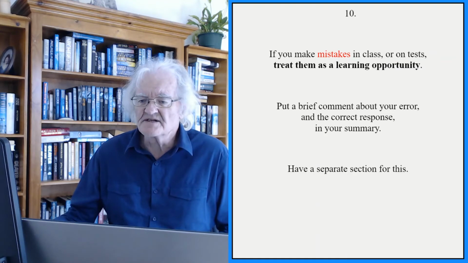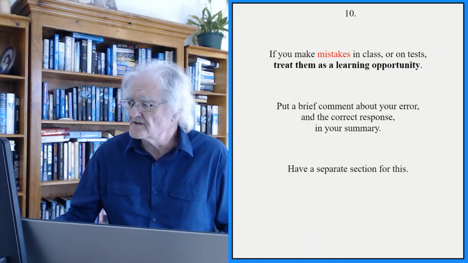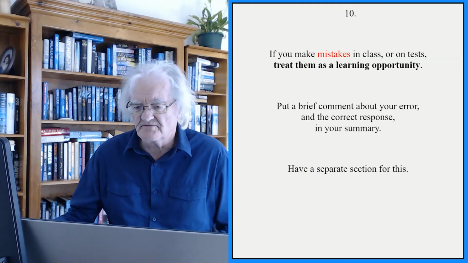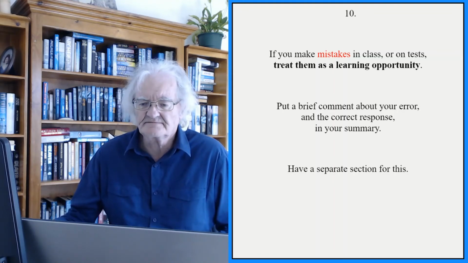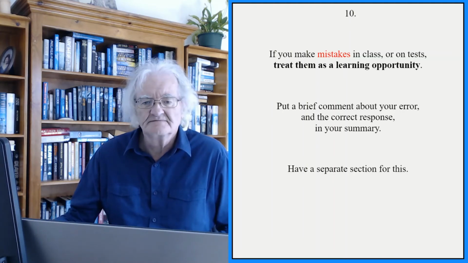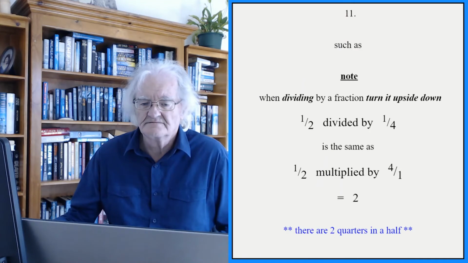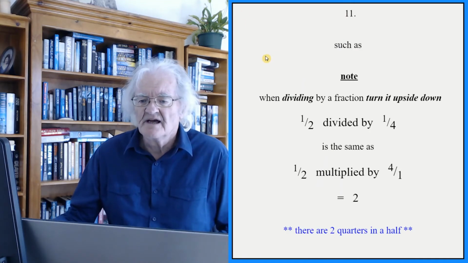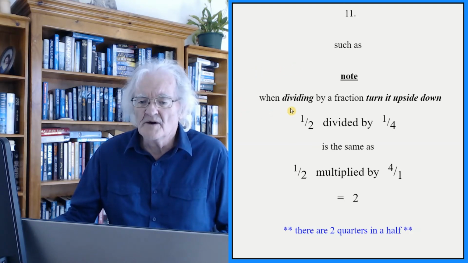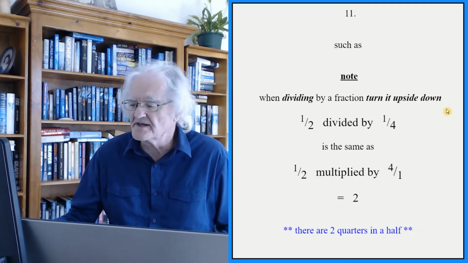If you make mistakes in class or on tests, treat them as a learning opportunity. Put a brief comment about your error and what the correct response should have been in your summary. Have a separate section for this. For example, if on a test you made a mistake working with fractions, you would put a note somewhere in your reference material: when dividing by a fraction, turn it upside down.